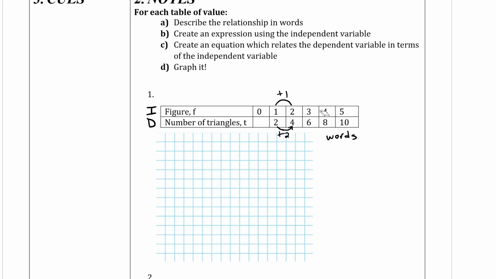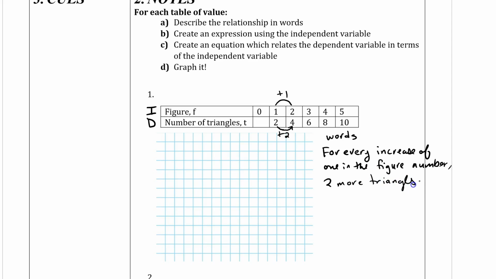So what we can say is, for every increase of 1 in the figure number, two triangles, or 2 more triangles are created. So this is the answer for A part.